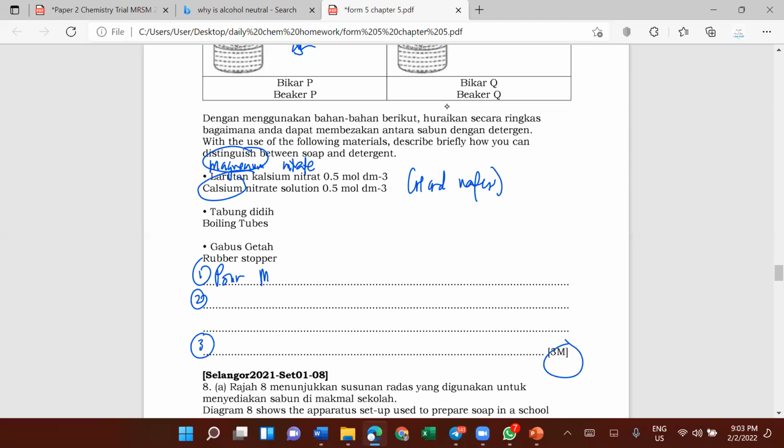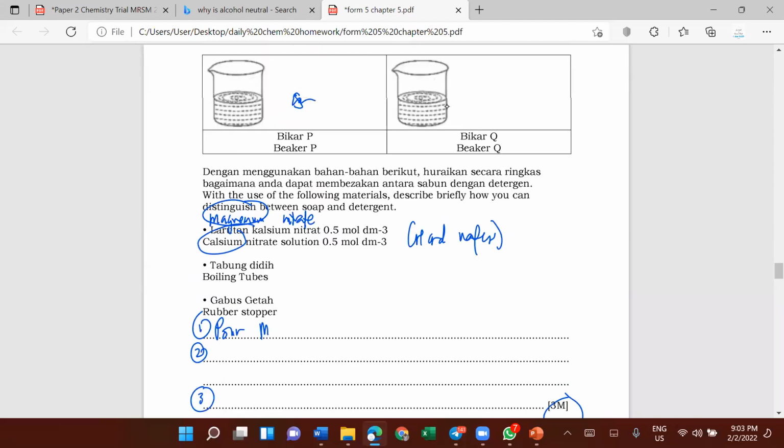But where do you get magnesium nitrate? Did they give you magnesium nitrate solution? No, it's calcium nitrate. Where did I get magnesium nitrate from? Okay, never mind. Pour calcium nitrate solution into boiling tubes that are filled with soap solution and detergent solution.